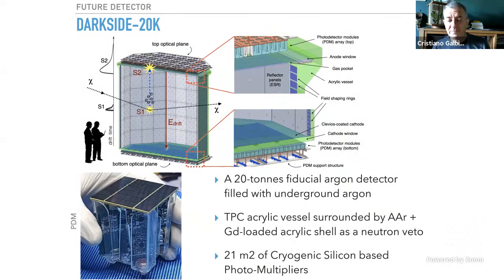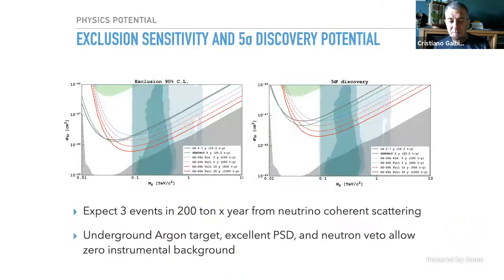This detector has an extraordinary capability of discriminating against background and will be able to cover almost the entire region between the exploration curves of LZ and XENONnT, which are highlighted in black and green, and the so-called neutrino floor for the dark matter signal, which is the one in light gray.